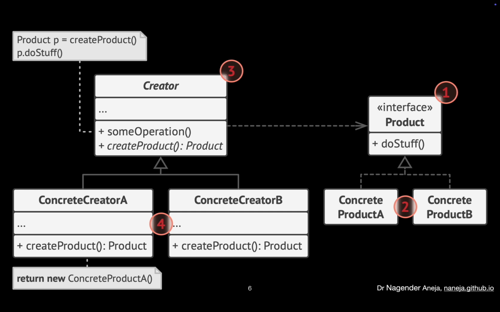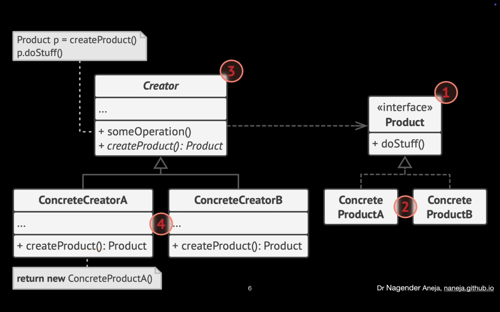Now based on this pattern, we'll create a factory method. This is our factory method, create product, in a creator class. The creator class will create a product of this abstract class, right? But this is again a virtual function, the create product. The actual products will be created by concrete creators. So we will create subclasses, concrete creator A and concrete creator B, and in these we'll create product.